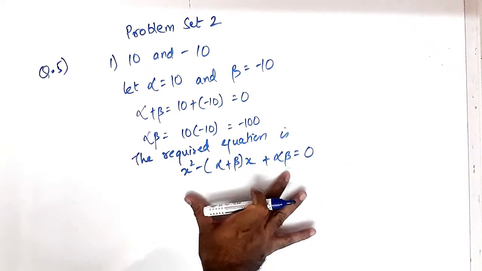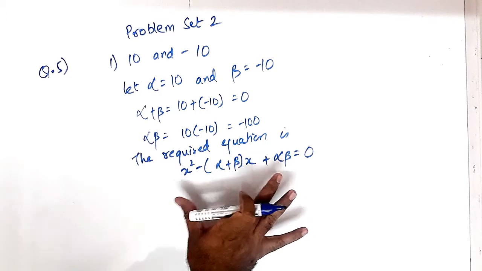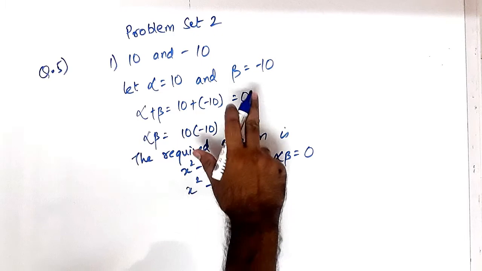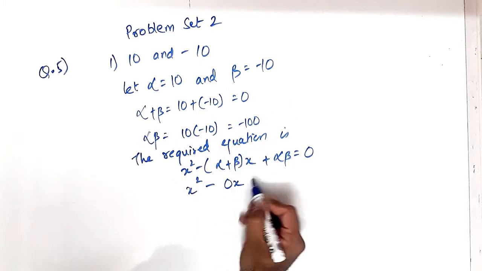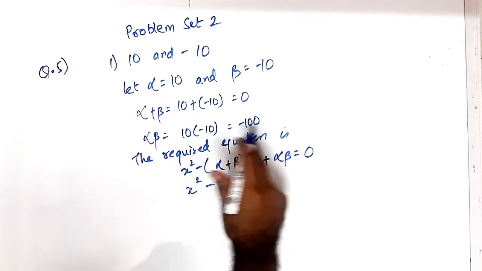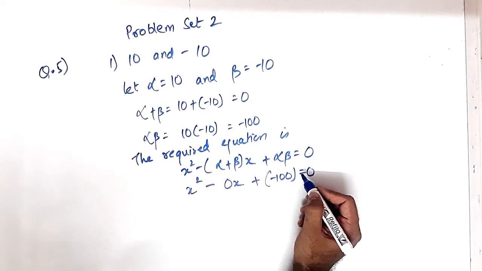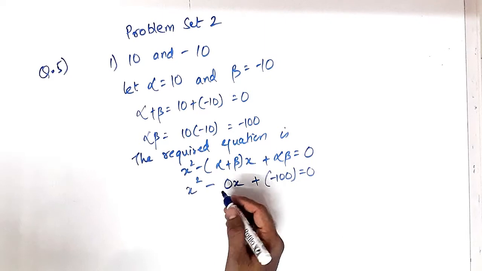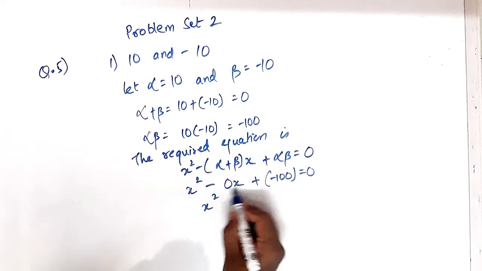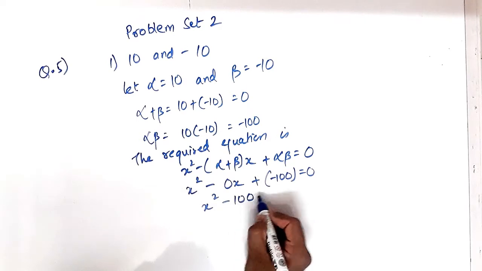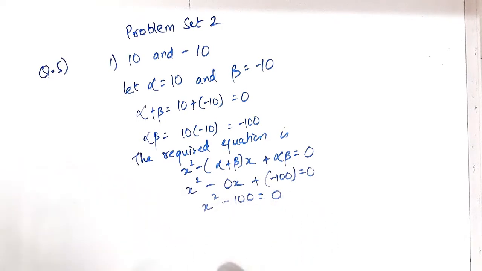This is the general formula to frame the equation. Now substitute: the sum was 0, so it is 0x, and the product was minus 100, so I'll write minus 100 equals 0. Of course 0x has no value, so straight away I'll write x square minus 100 equals 0. This is how we frame the equation.